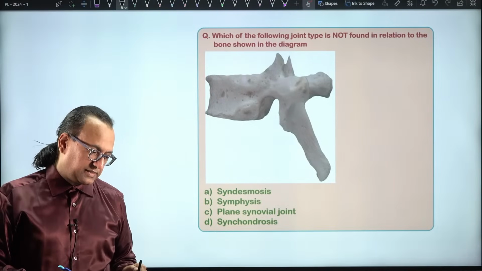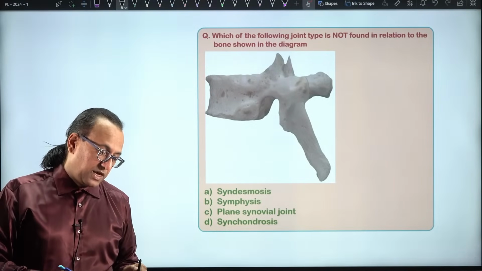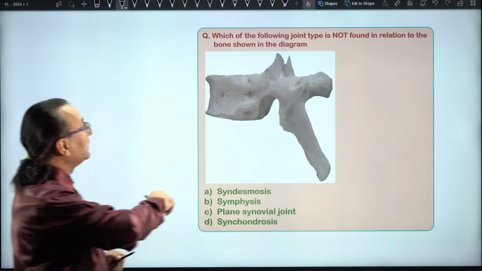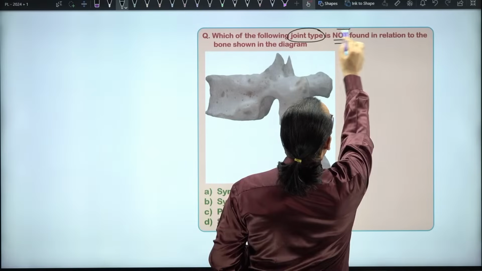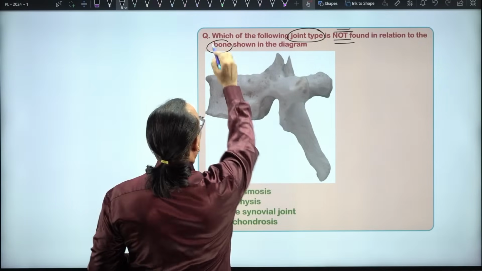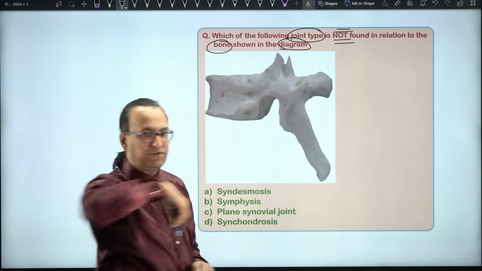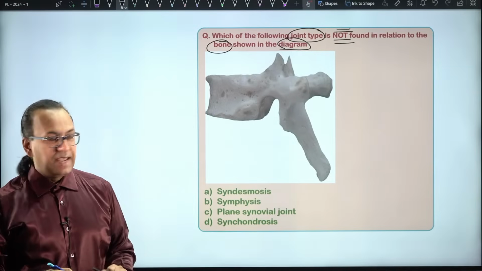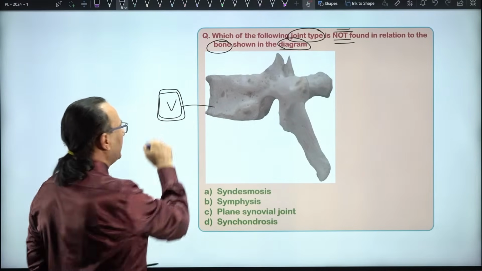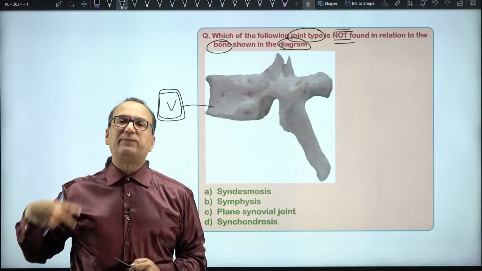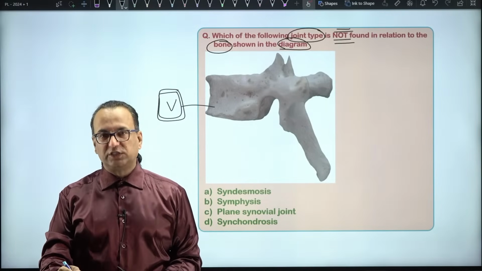So what is the question asking? Which of the following joint types is not found in relation to the bone shown in the diagram? First of all, you have to identify which bone this is, and that bone is vertebra. Which vertebra? Is it cervical, thoracic, lumbar, sacral or coccygeal?